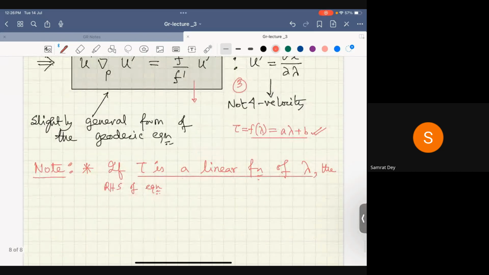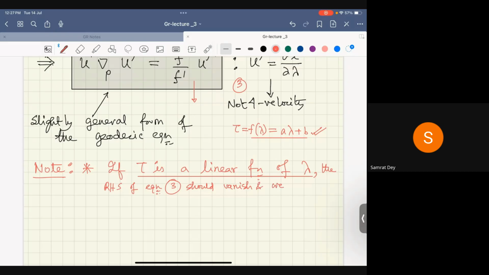So the RHS of equation 3 should be 0 if tau is a linear function of lambda.